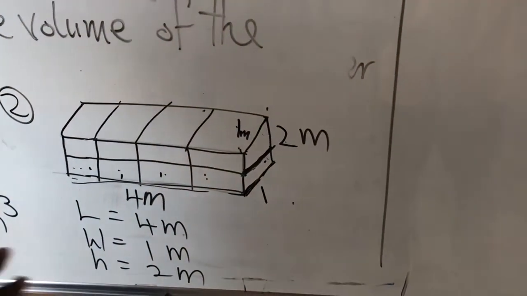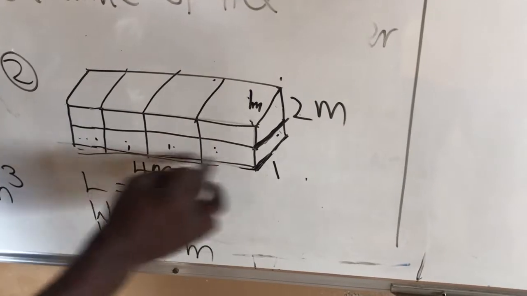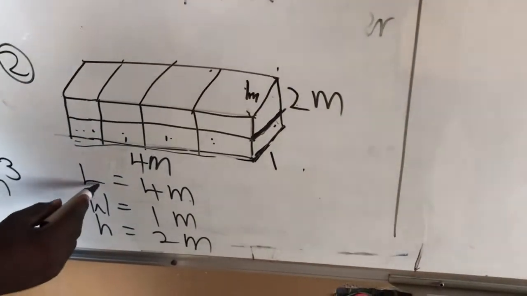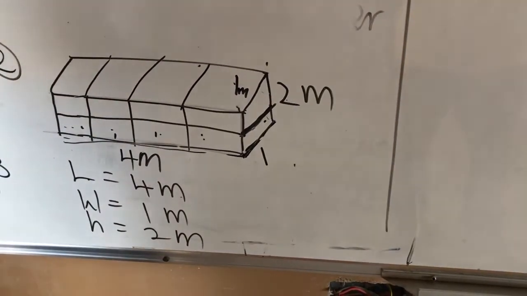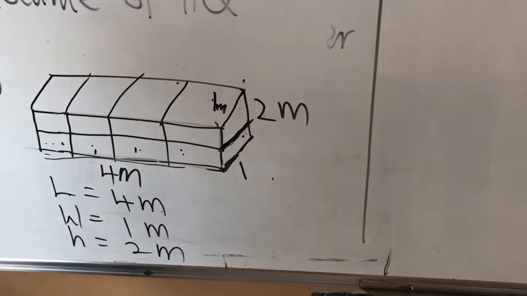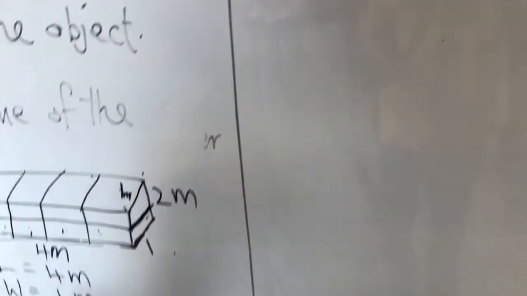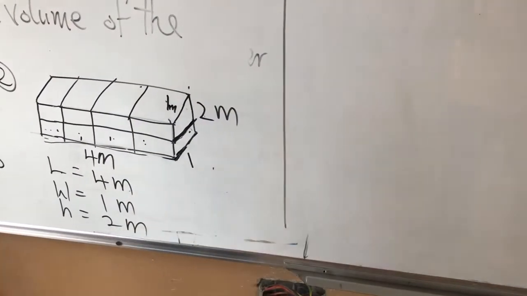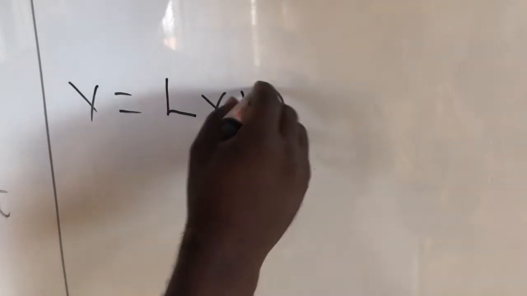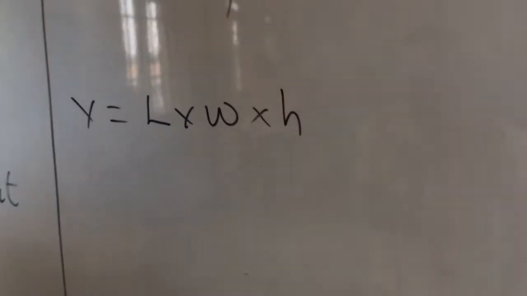Now, to find the volume, we can measure the length, the width, and the height. When we find area, we just multiply the length by the width. But to find the volume, we measure all the three dimensions and multiply them. So the volume is equal to length times width times height.